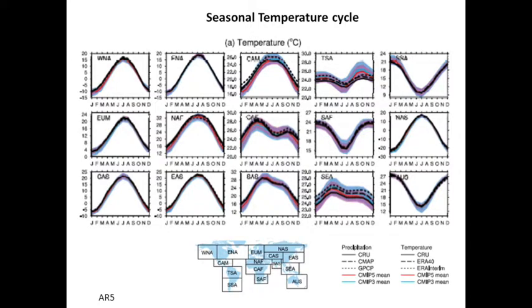Central Africa, I think it includes East Africa, okay? If you take this here, how do you think that the model represents this annual cycle of temperature?